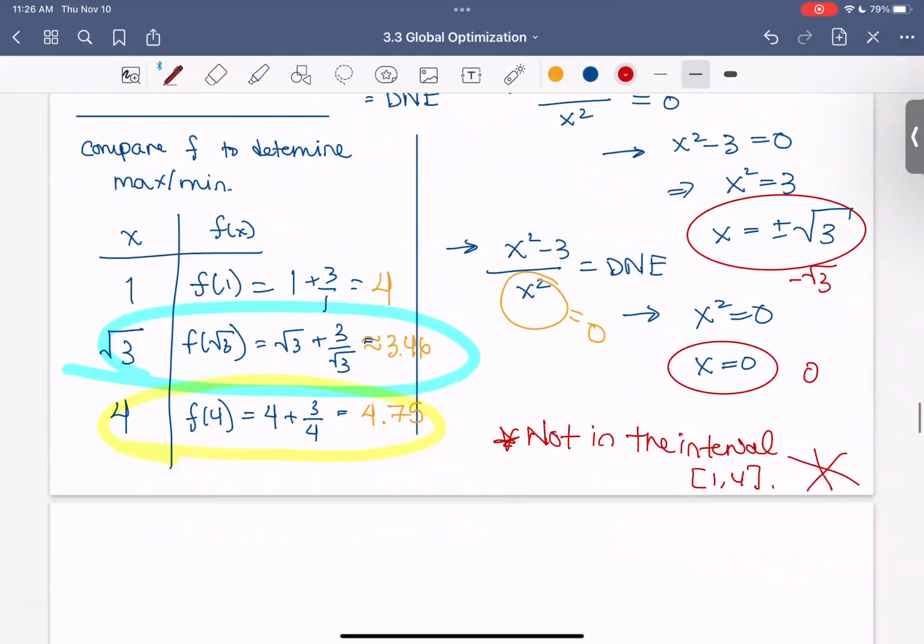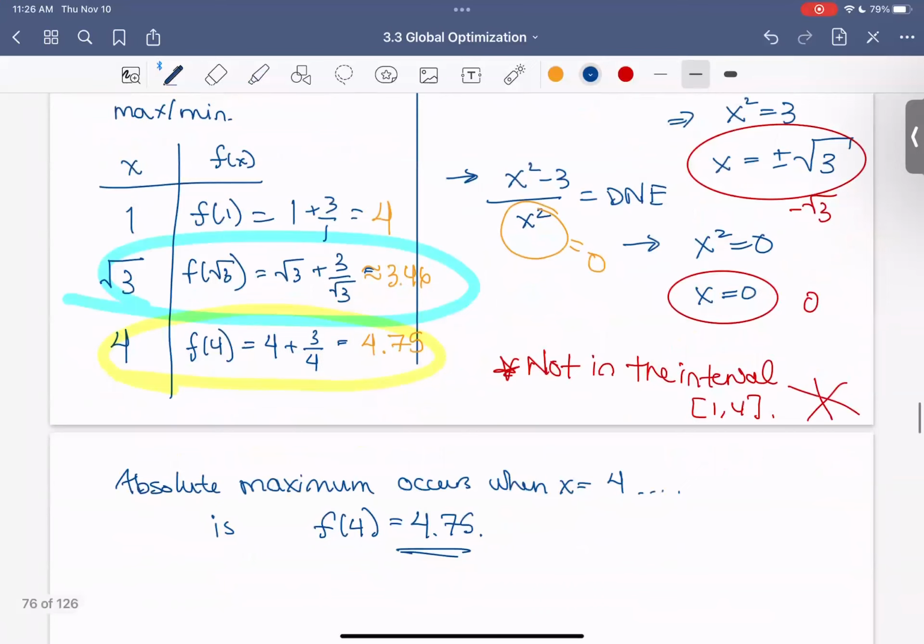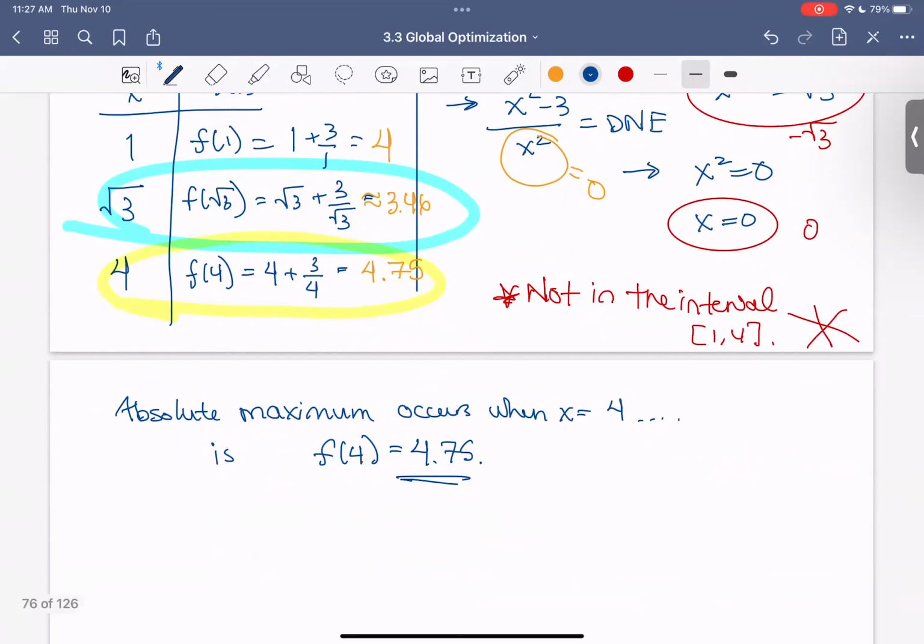For the absolute maximum, we could say it occurs when x equals 4, but the maximum itself is the output. So it is f of 4, which is 4.75. That's the largest our function is going to get on the interval from 1 to 4.